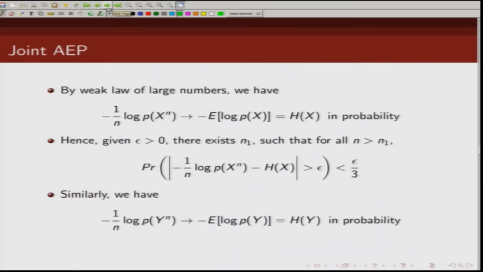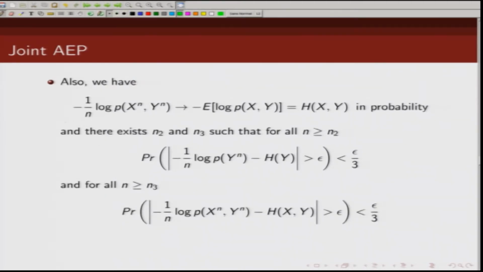Similarly, we can write that minus 1 by n log of p of y^n converges to the entropy of y, and this convergence is in probability, and the joint distribution of x^n and y^n also converges to the joint entropy of x and y in probability.